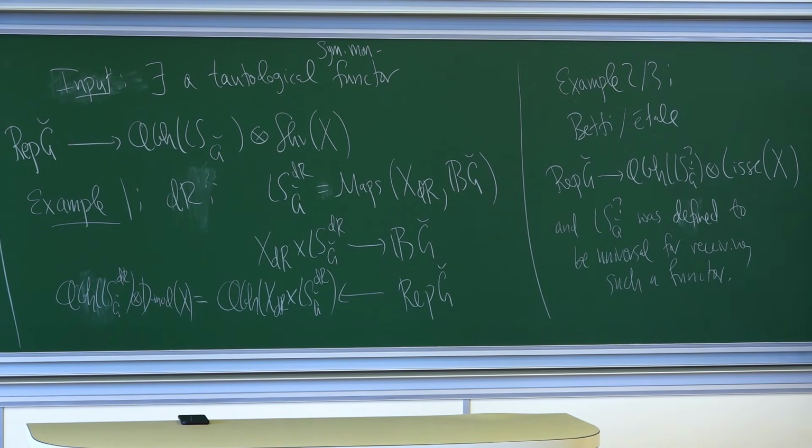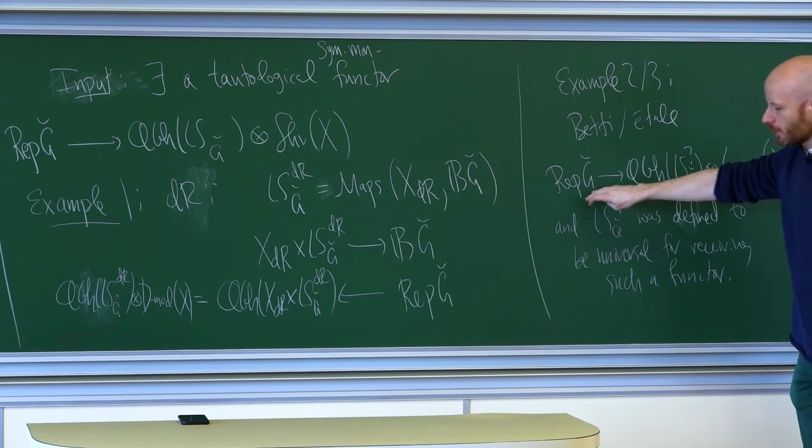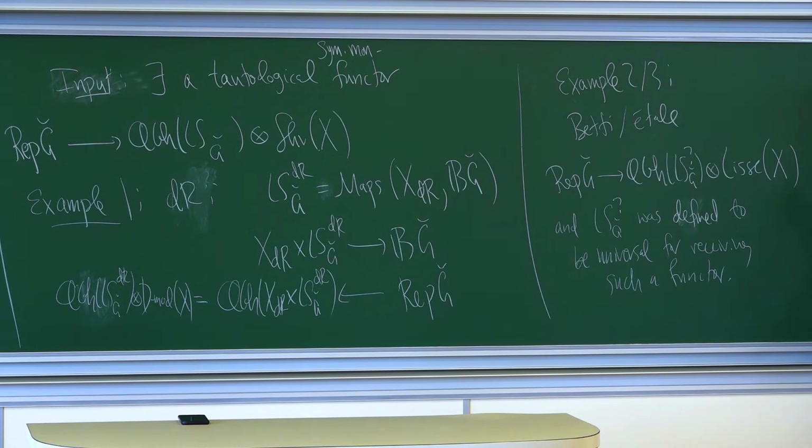So this is a Tannakian picture of what LocSys is: it's the thing that receives a symmetric monoidal functor like this. And it's always, I should say, a right t-exact functor.